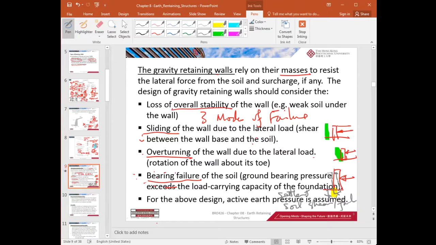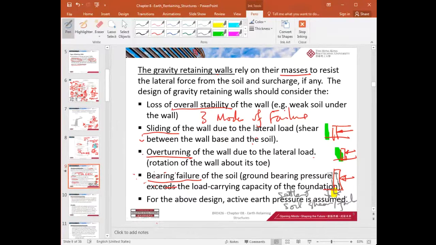Because the excessive pressure at the toe of the retaining wall exceeds the soil bearing capacity, in other words exceeds the shear strength of the soil, the soil will yield and settle. So that's the bearing failure. That means the ground is not strong enough to support the wall under the horizontal force.